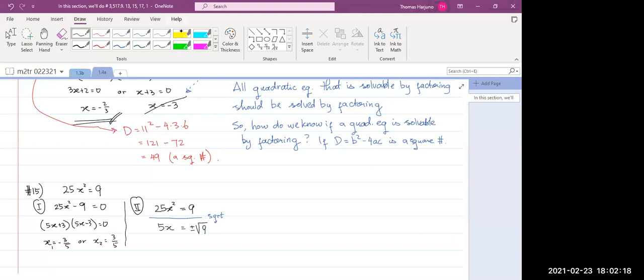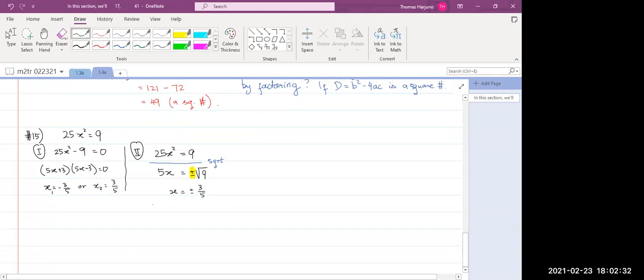If you apply the square root property, then one of the sides will get plus minus. So x equals plus minus 3/5. Now, if you have a solution with plus minus like that, I would like you to split them. x1 is 3/5. x2 is negative 3/5. So it's the same as the answers we have with the first method.